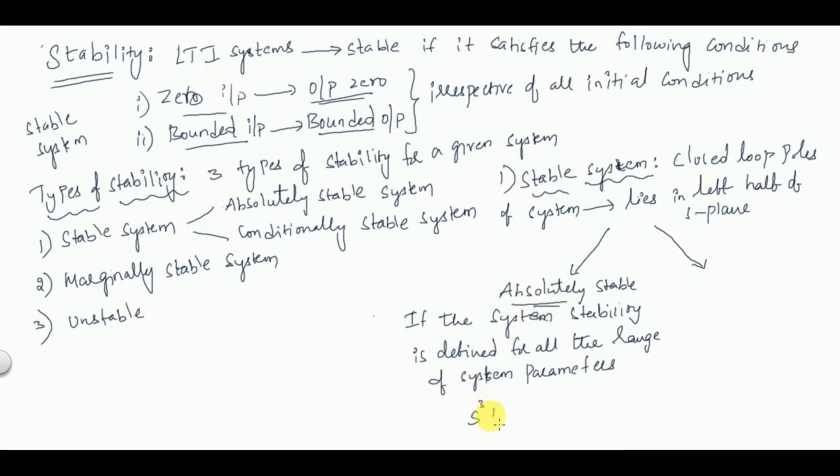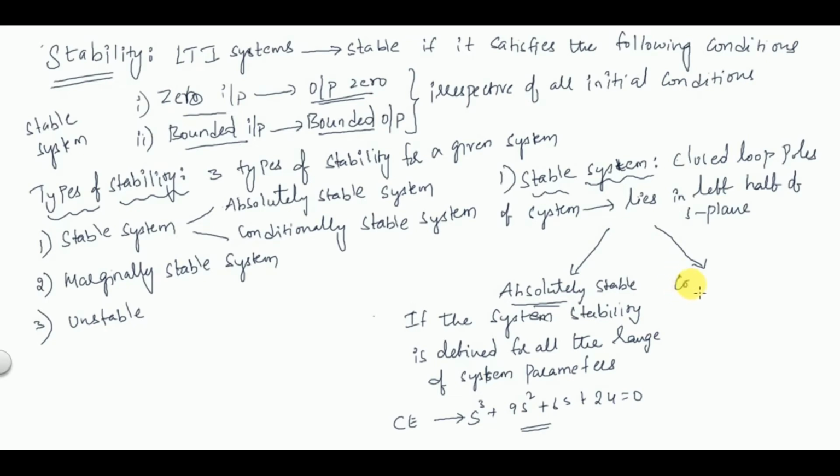For example, s cube plus 9s square plus 6s plus 24 equals 0. This is your characteristic equation, from which we get the closed loop poles, and this system is a stable system. Don't worry, I will tell you how to find the stability of such systems in the upcoming concepts.